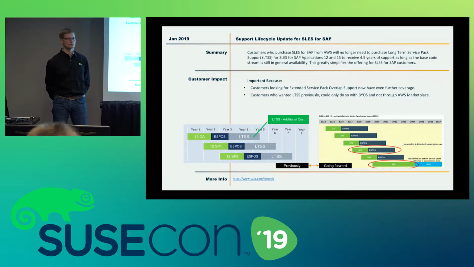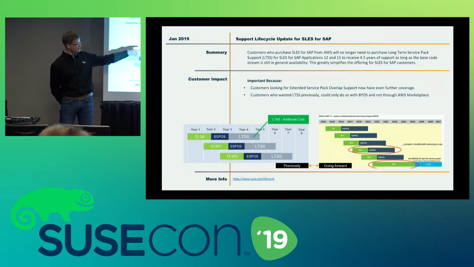And for SLES 12 and SLES 15 we have changed this model for the SUSE Linux Enterprise Server for SAP application. So the customer will now get with a standard subscription for each minor service pack, for each minor version, a full support for over 4.5 years, and only for the latest minor release of a code stream we will have the LTSS option.